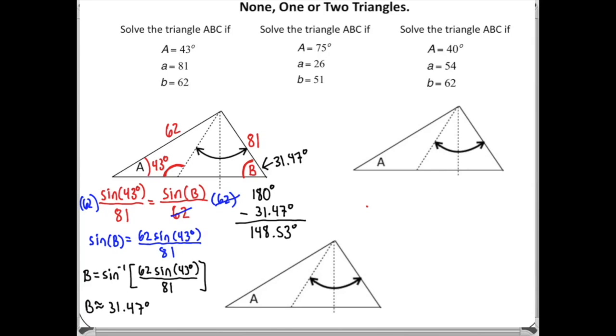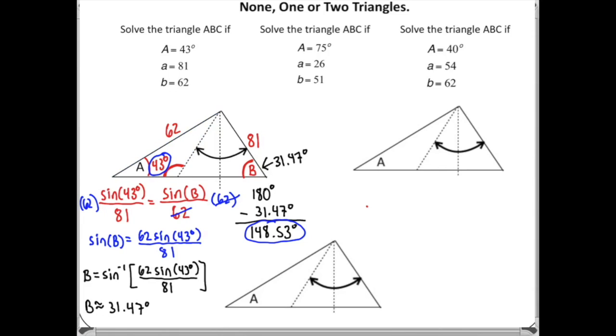Here's the deal: this is how we determine if another triangle is possible. If I add the given angle and this angle together, and it is greater than 180 degrees, because there's only 180 degrees in a triangle, then we know that the obtuse triangle cannot exist.